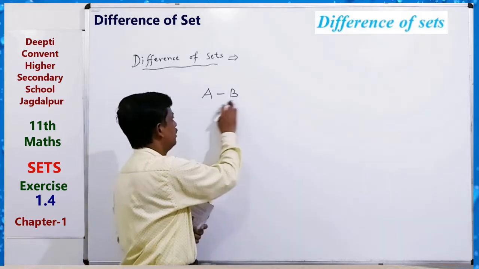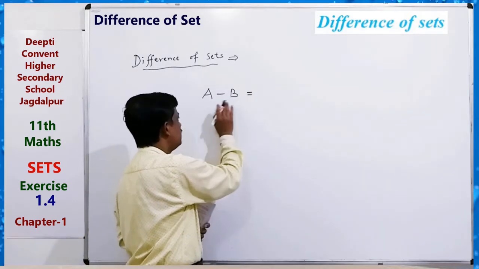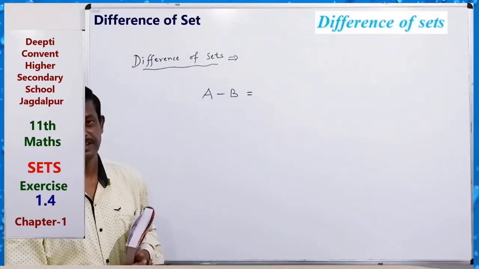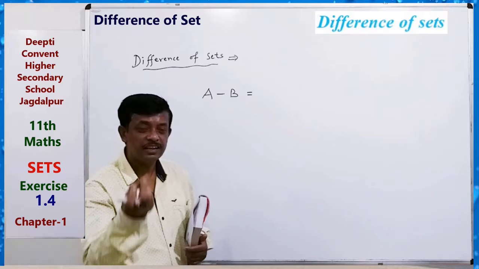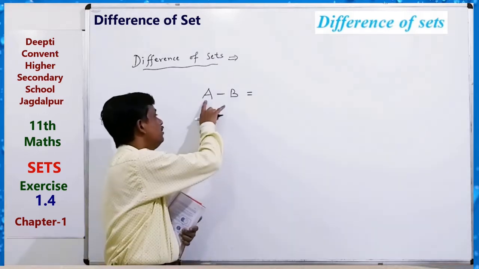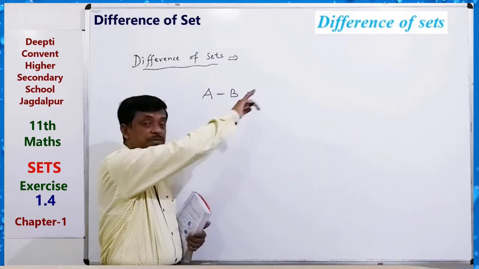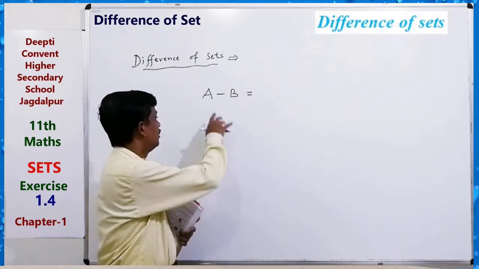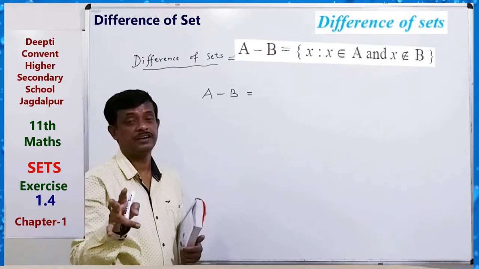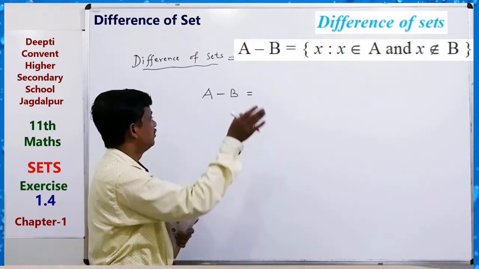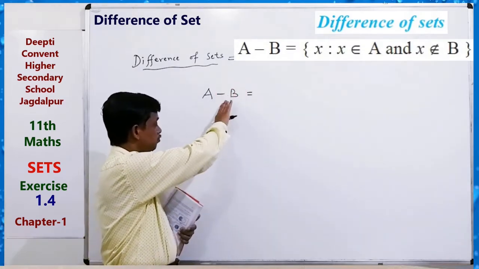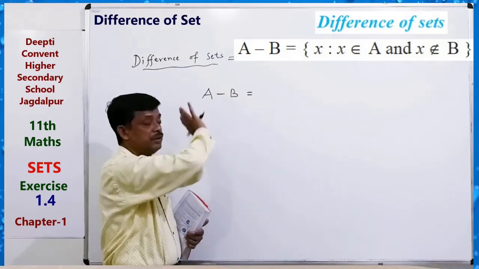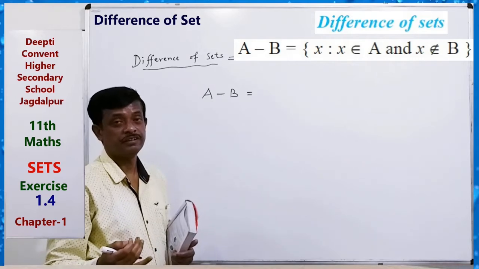A minus B, the difference of two sets, is a set containing all the elements of the set A except the elements of B. That is, if A and B are connected, we delete all the elements of B from A, and we get the difference of sets.